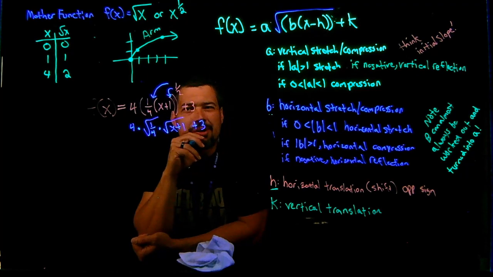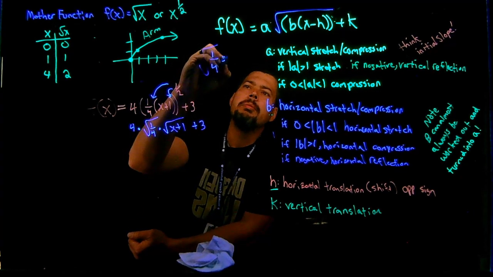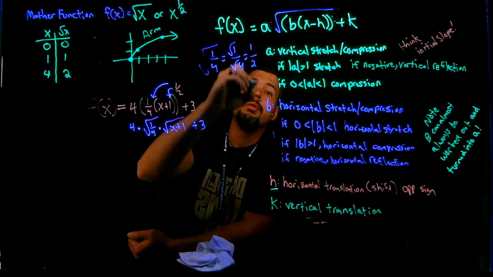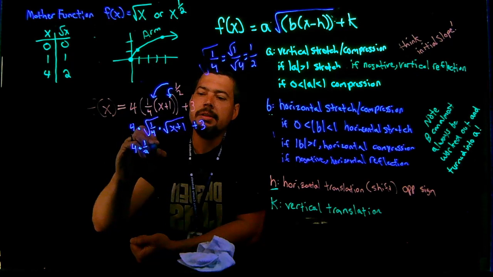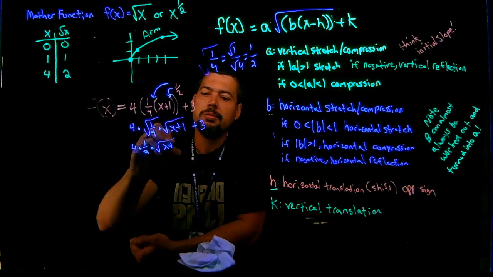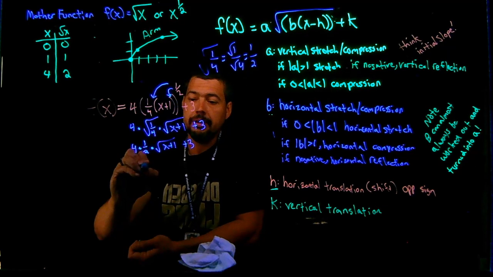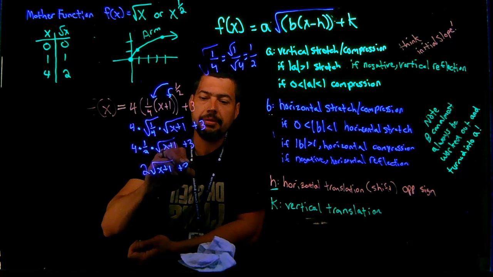Now, what is the square root of a quarter? The square root of a quarter would be the square root of 1 over the square root of 4. The square root of 1 is 1 and the square root of 4 is 2. So this becomes 4 times 1/2 times the root of x plus 1 plus 3. Now, half of 4, believe it or not, is 2. So this becomes 2 roots of x plus 1 plus a 3.